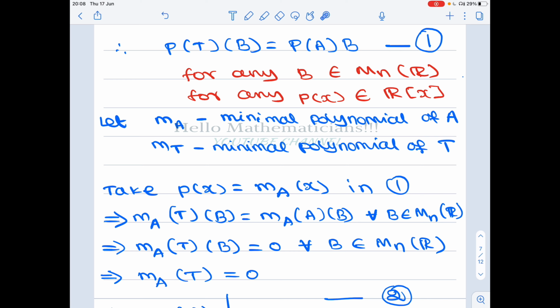So basically, we want to show that A satisfies the minimal polynomial of T and T satisfies the minimal polynomial of A. Then we are done.